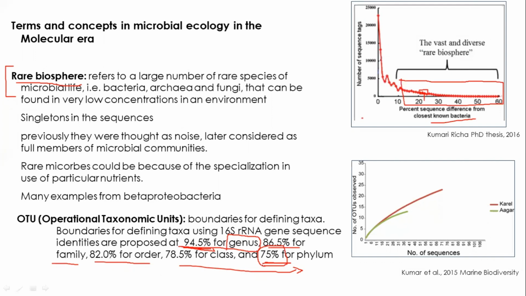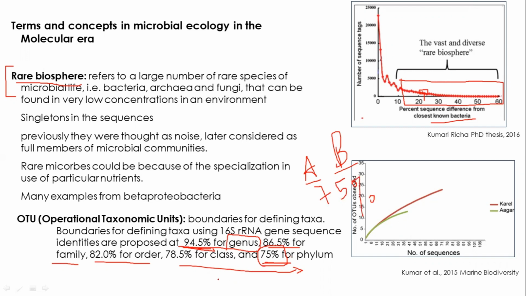But as you go further, they belong to three different species. Similarly, if you have any individual A and any individual B, and they have more than 75% similarity at the genome level, then we can say that A and B both belong to the same phylum.